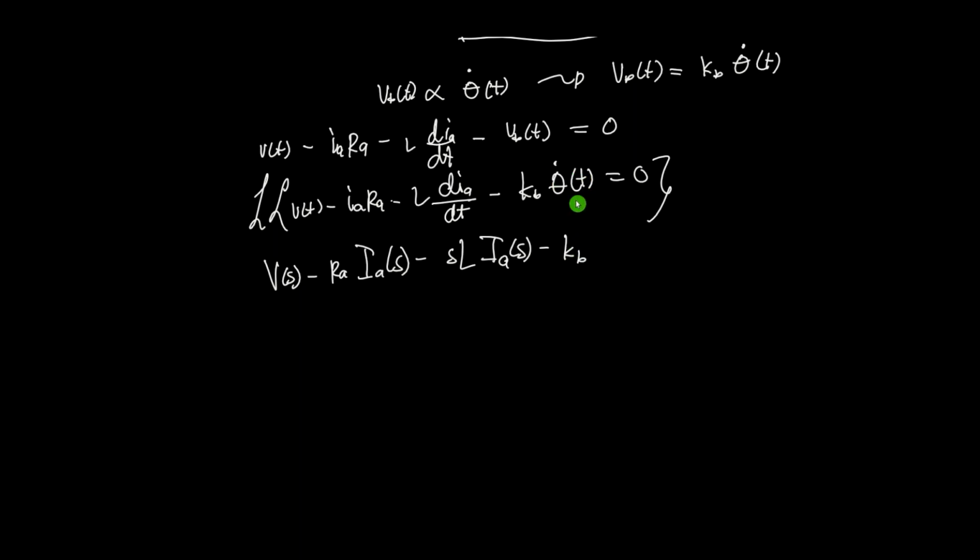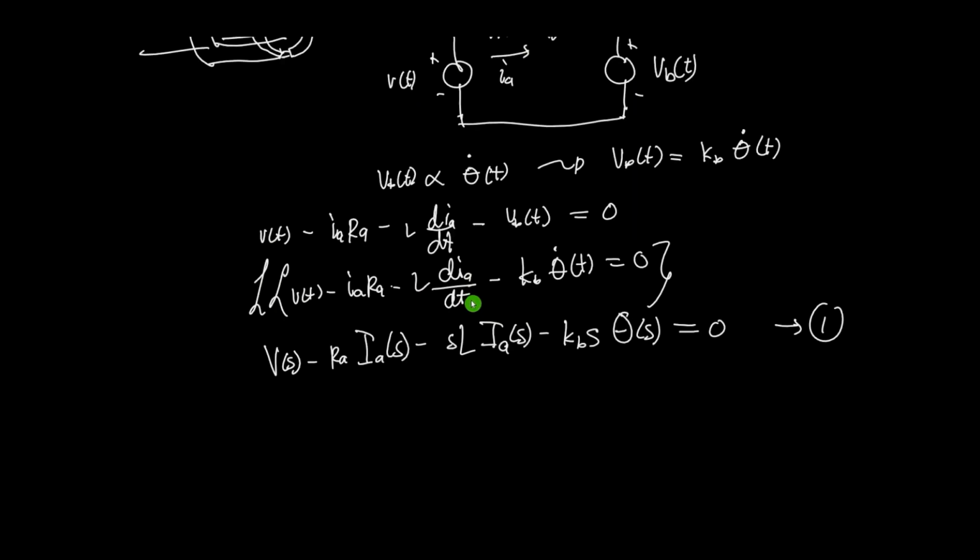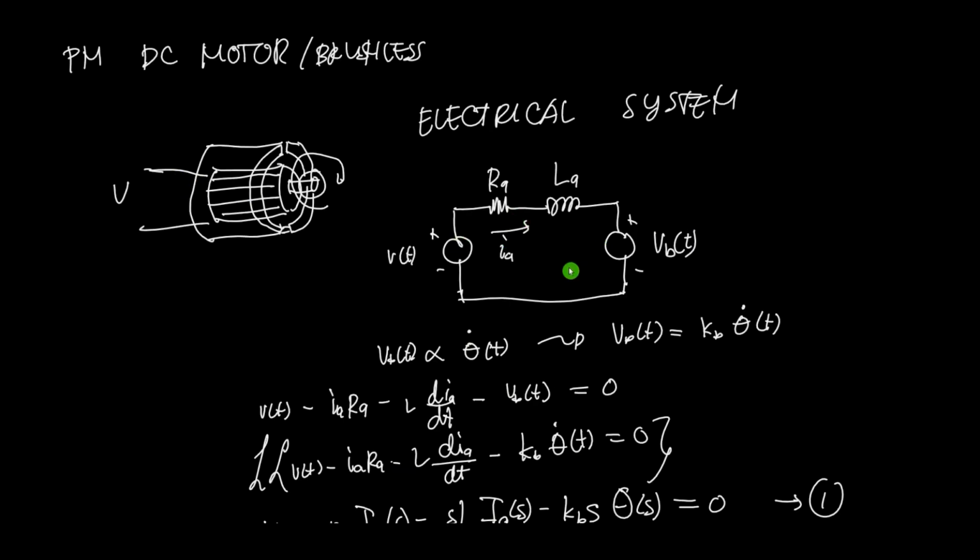This is also converted into the s domain. This is a first derivative, so we need to multiply it with s, with no initial condition, and this is equal to 0. Then we call this our equation 1. This is our model for the electrical part of the DC motor.